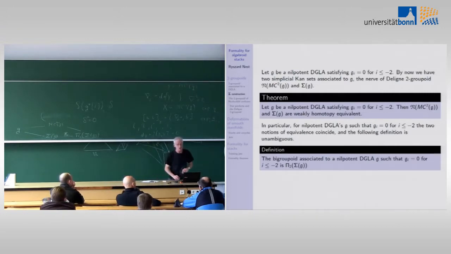Why do you need pi 2? Because pi 2 gives me a 2-groupoid. Sigma G itself is a simplicial set, it's not a 2-groupoid. I thought pi 2 also gave simplicial sets with just more composition. No, pi 2 is not just a retraction, it's turning a simplicial set into a 2-groupoid.